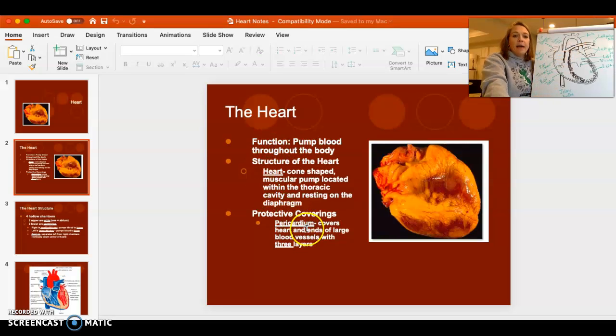Okay, and if we look back to our anatomical terminology, if you remember, what is the region behind our sternum where our heart sits? And remember, your heart is the size of your fist, so if you take your fist and set it on your sternum, it sits more to the left side.